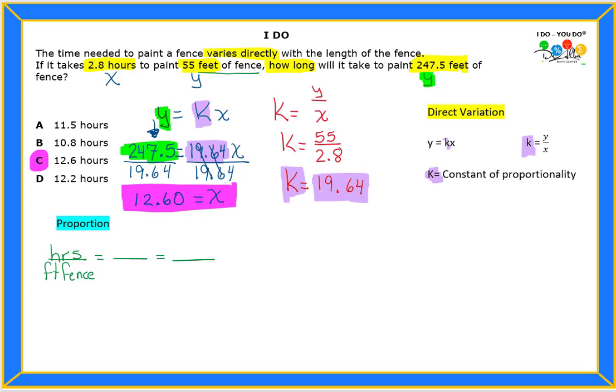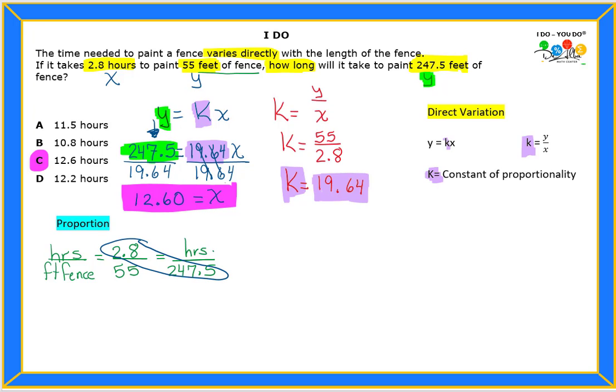Okay, so here I'm going to say that it takes 2.8 hours to complete 55 feet of fence. Is that right? And we have 247.5 and it says feet of fence. Therefore, it goes on your denominator. And this will be my hours, right? And in proportions, remember, all you have to do is cross multiplication.